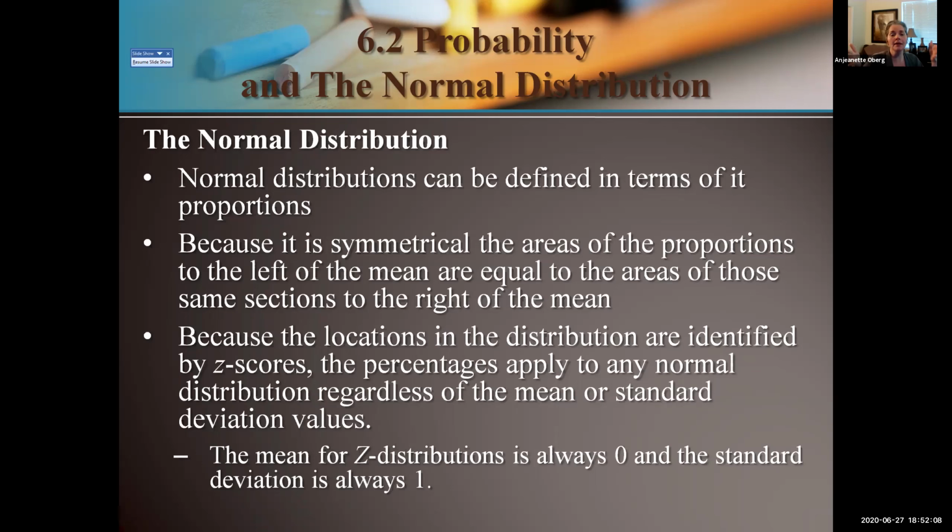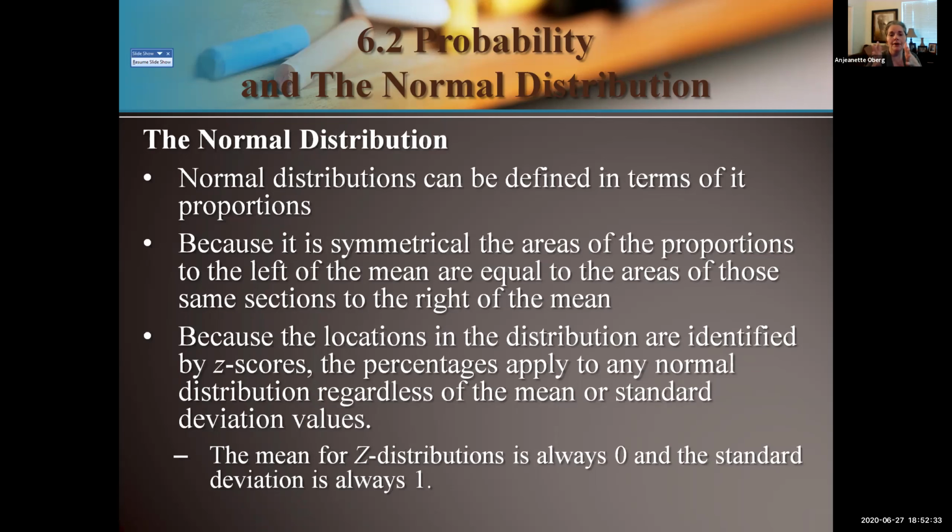Because we said about 95% of data falls within 2 standard deviations, we know that 95% of the scores fall between a -2 z-score and a +2 z-score. So the probability of pulling any score between those two barriers is 95%.